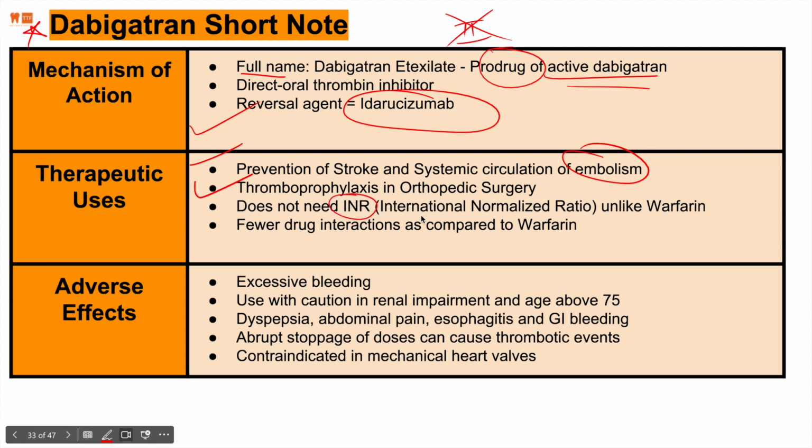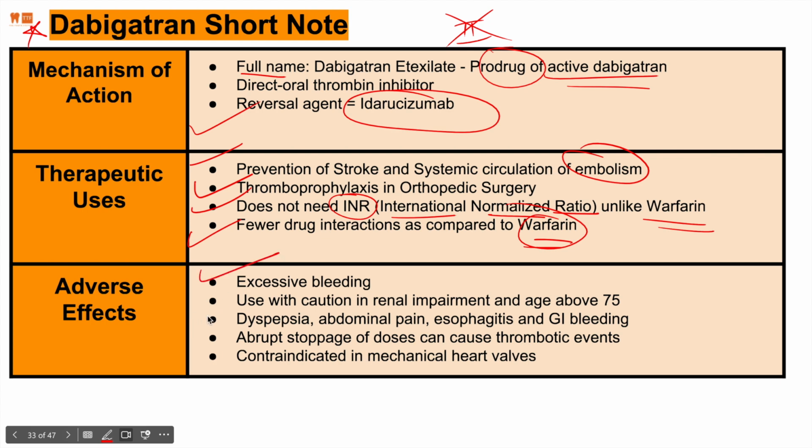What is INR? International Normalized Ratio. Unlike warfarin. Now, one more drawback of warfarin, guys? Now, fewer drug interactions compared to warfarin. So dabigatran is safer. Warfarin, not so much. Adverse effects. We have excessive bleeding.